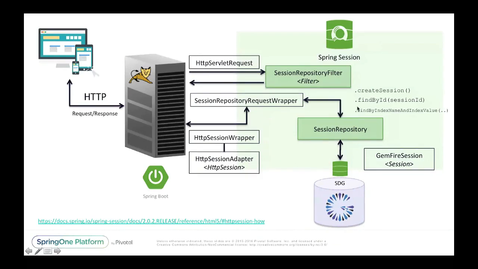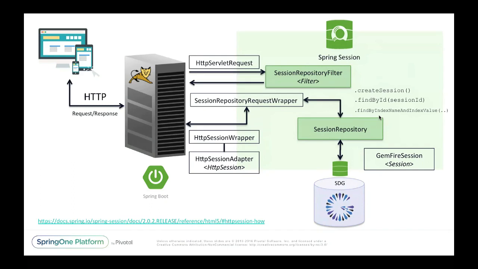But the SessionRepository interface provides a simple set of CRUD operations that you can use to access the session, like creating the session, expiring the session, deleting the session, and finding it. There are different methods to do that. There's obviously your method to find by a session ID, but you can also find by other attributes, particularly session attributes that you may have indexed.